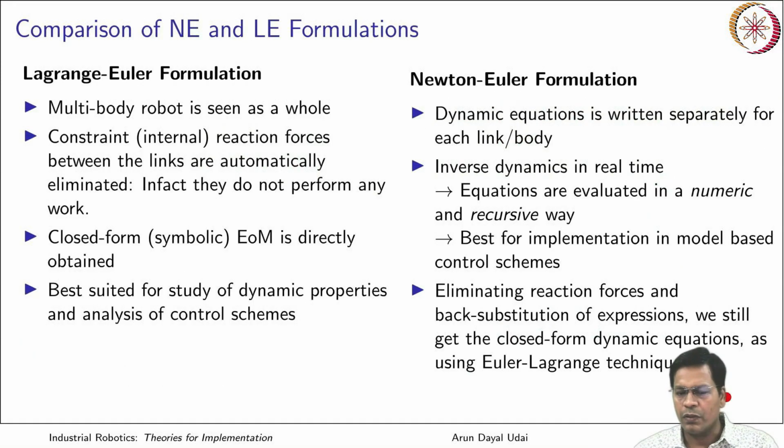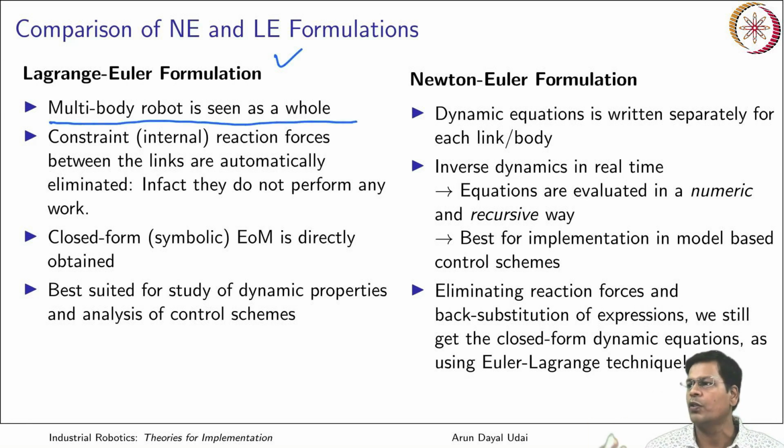There are some pros and cons of each of these algorithms. In the Lagrange-Euler formulation, the multi-body robot is seen as a whole. You have calculated the total kinetic energy and potential energy of the whole system, considered together. So the whole body is considered even to calculate just the joint torque at one of the links.